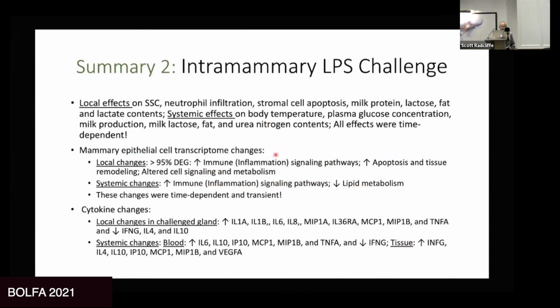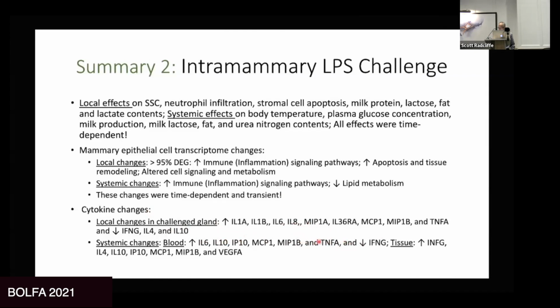All those changes are very time dependent, okay? It's transient. For the cytokines, we find a group that increased systemically in the blood, but we also find a group that systemically increased in the mammary gland tissue or decreased in the mammary tissue. So those are the cytokine list.